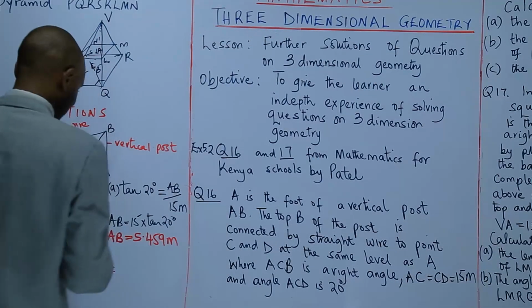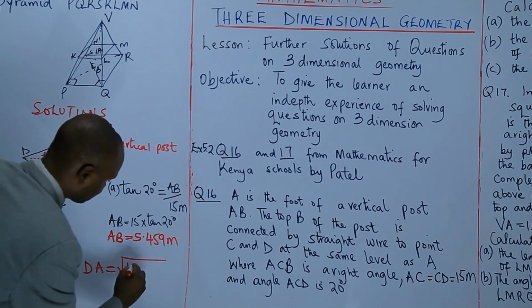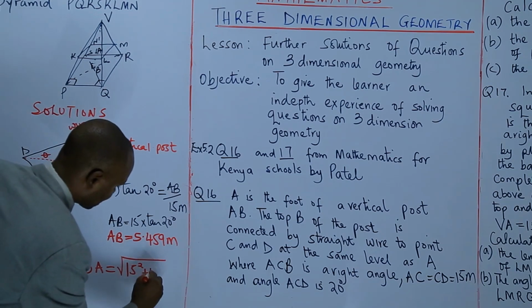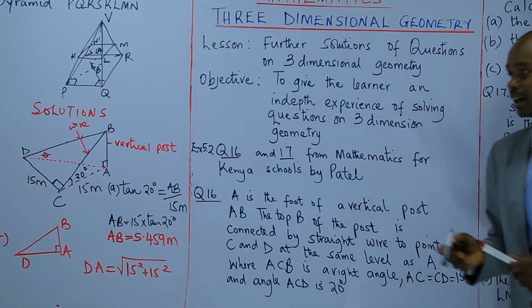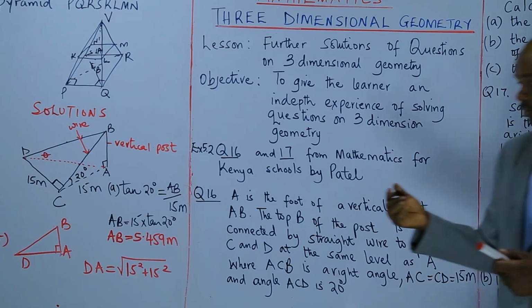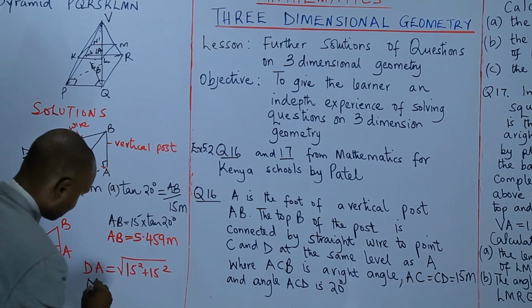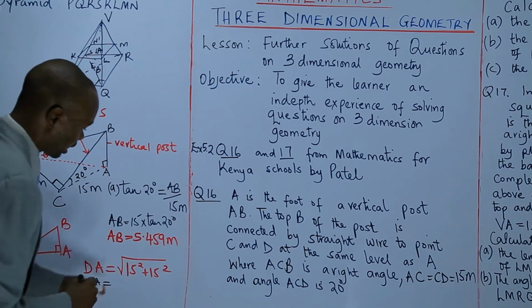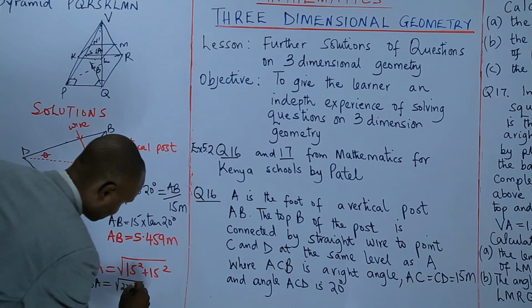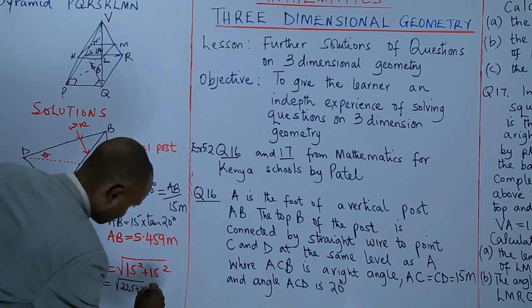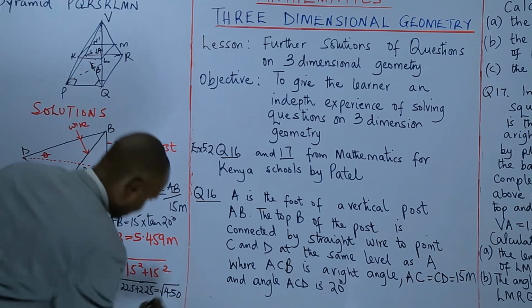DA is equal to the square root of 15 squared plus 15 squared. 15 squared is 225, plus 225, which gives us the square root of 450.